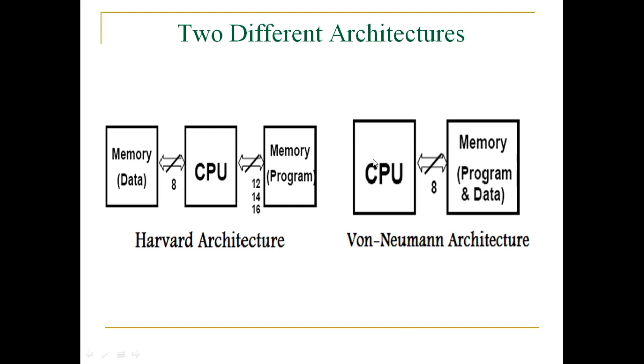So in the case of John von Neumann architecture, only one bus will be there for sending program as well as data. Because whatever embedded system you are programming, you need to write a program, and that program will be used for manipulating some data. Say for example, you are writing a program for addition of two numbers.